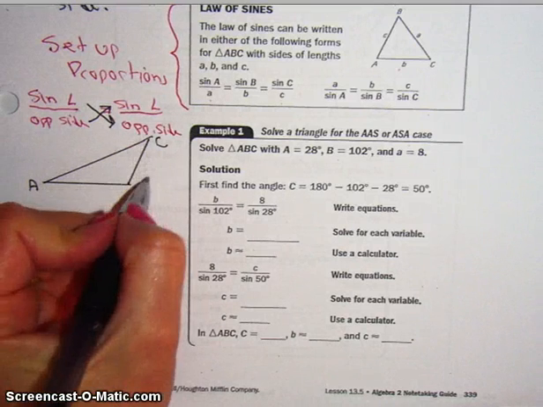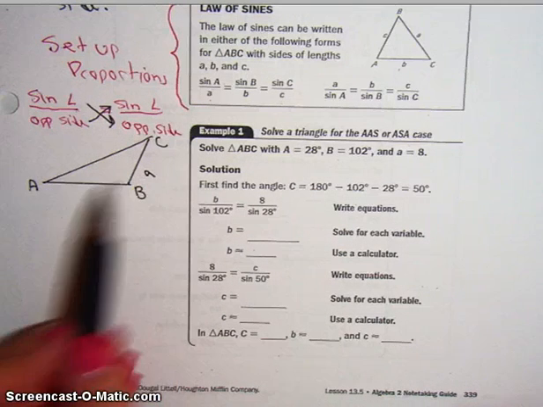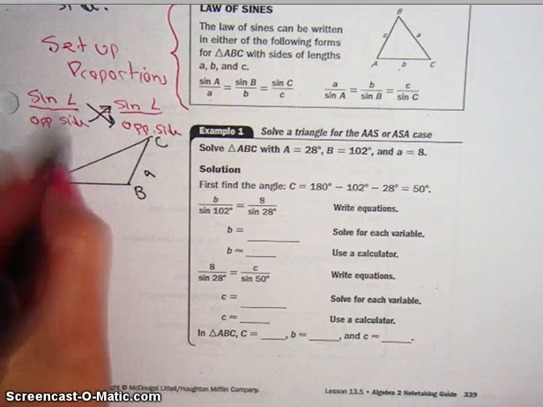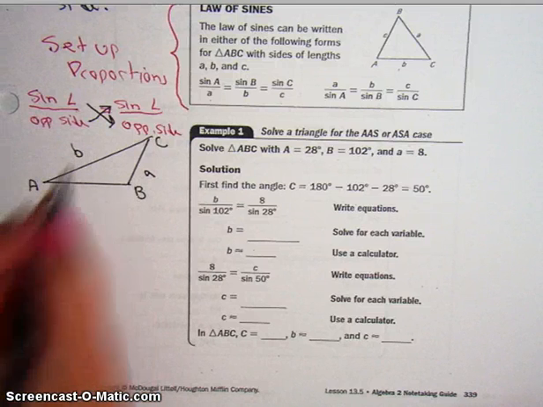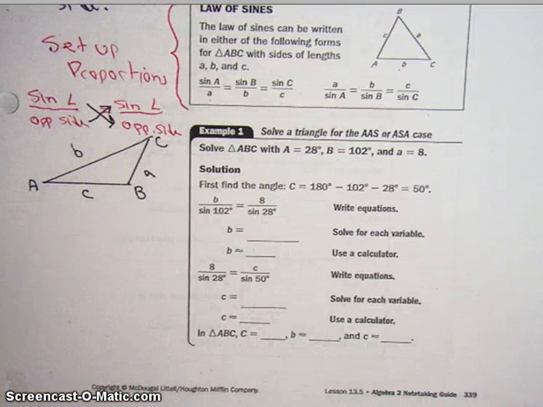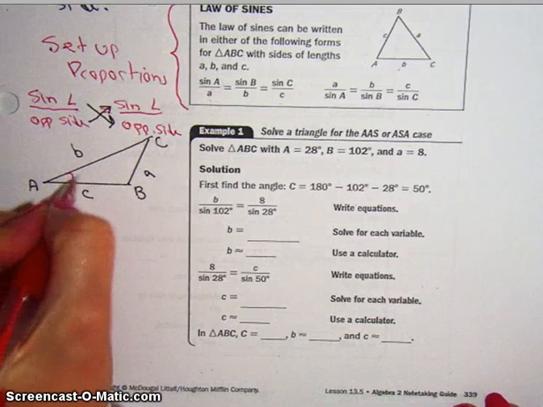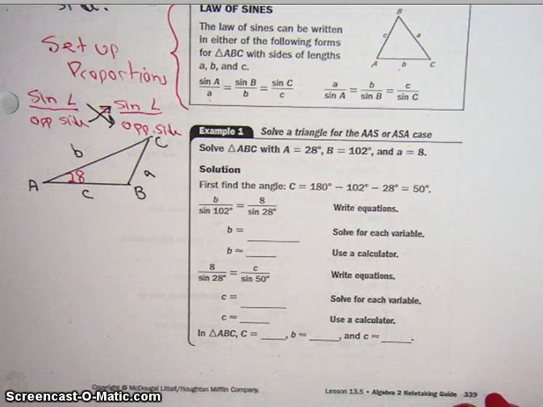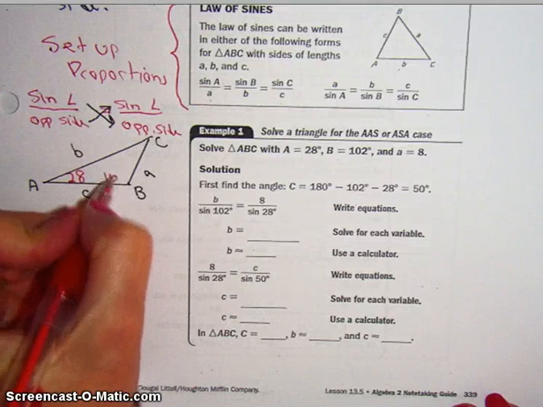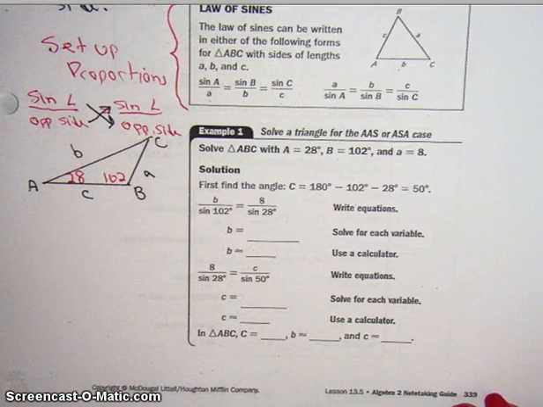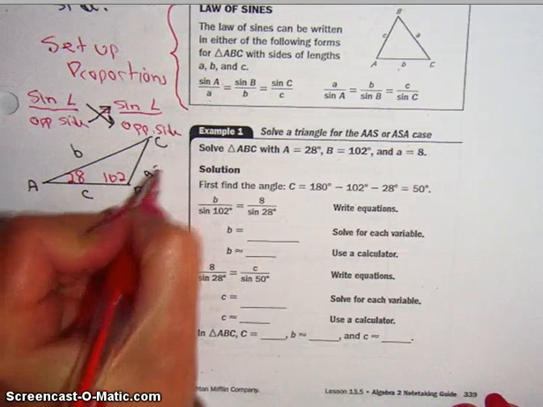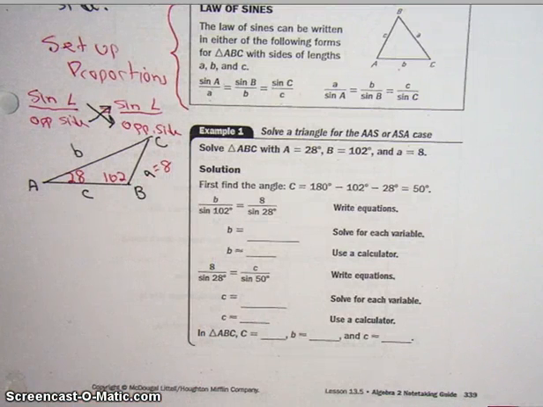Little a is across from angle A, little b is across from angle B, and little c is across from angle C. And now we must fill in our given information. So angle A is 28. Angle B is 102. And little a is 8. Okay.